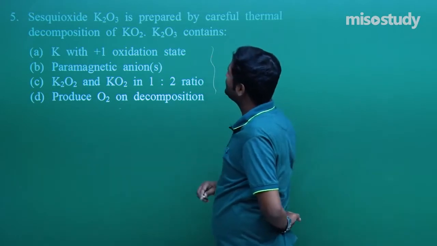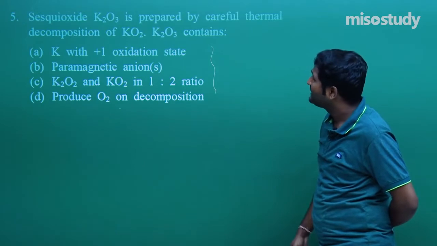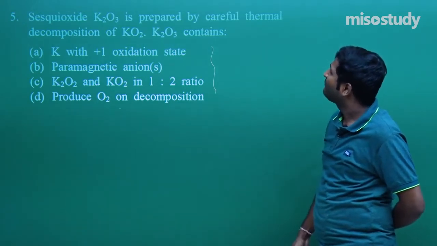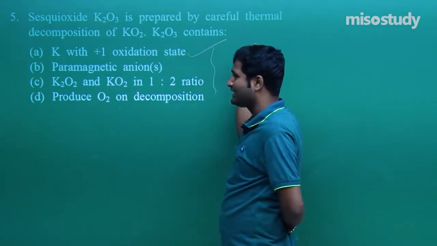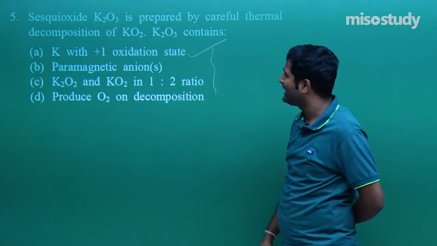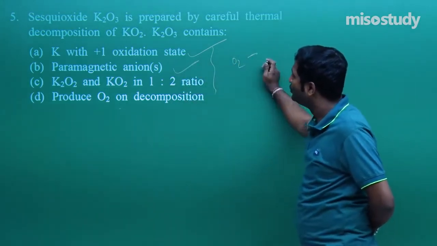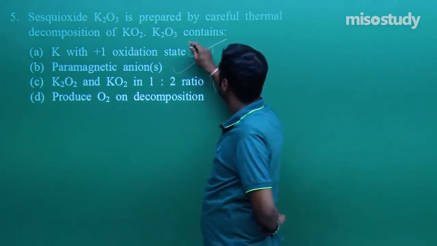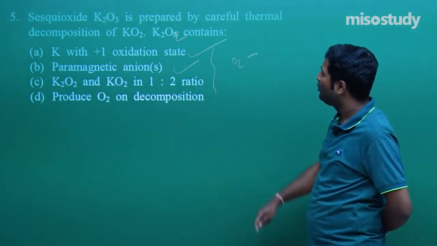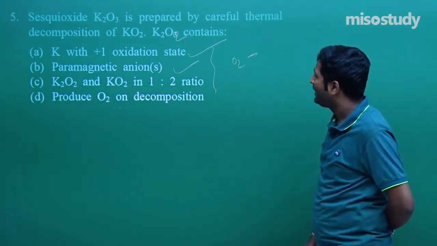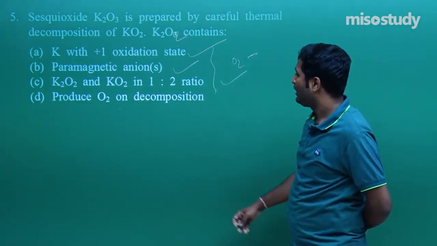So in this case, sesquioxide K2O3 is prepared by careful thermal decomposition, it contains K in +1 oxidation state due to the presence of superoxide, that is O2 minus, which is a paramagnetic ion, and here it's better to write K2O2, not KO2. Clear? K2O2 are in the ratio of 1:2. Yes sir, this one is also correct, and it produces O2 on decomposition.